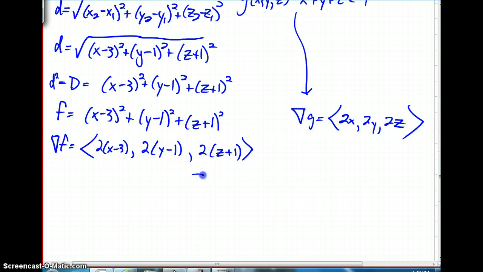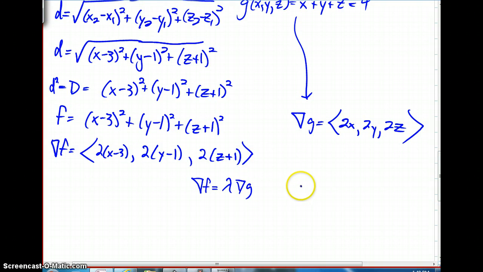Well, what we're doing for a Lagrange multiplier is we are solving where the gradient of f would equal lambda times the gradient of g, but we'll get, in this regard, 3 separate equations with the x component, y component, and z component. But that's not the only thing that we're going to deal with in this system.